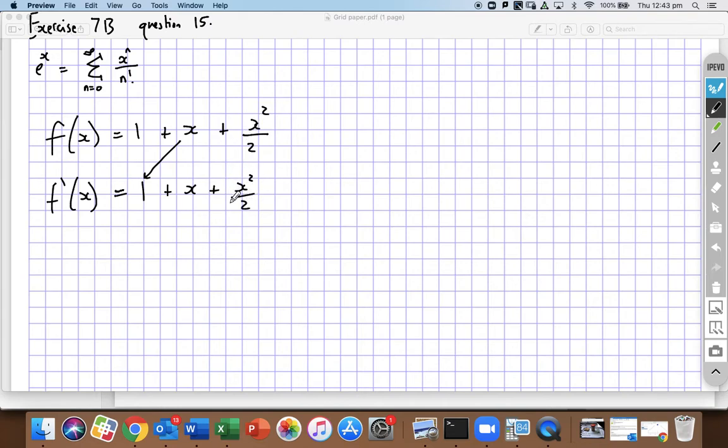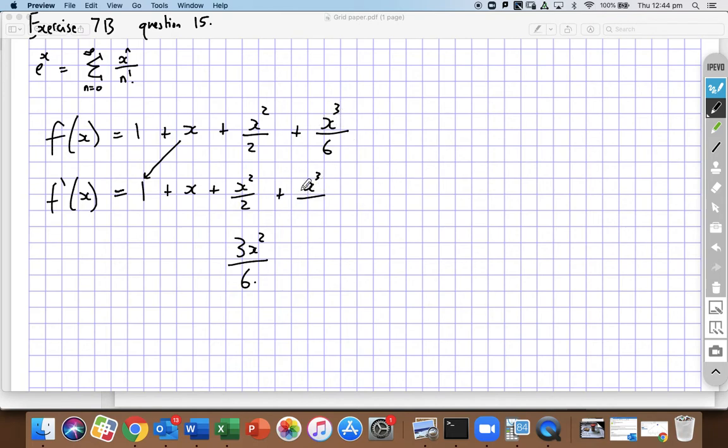But then I'm making the derivative the same as the function, right? How do I get an x squared term? I need an x cubed. If I took the derivative of that, I'd get 3x squared. But I don't want 3x squared, I want x squared, so I need to divide by 6 so that I can get back to this, right? Then we can put this into our derivative.